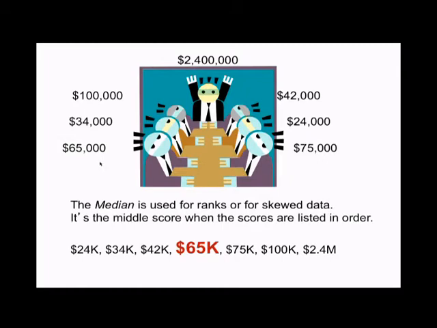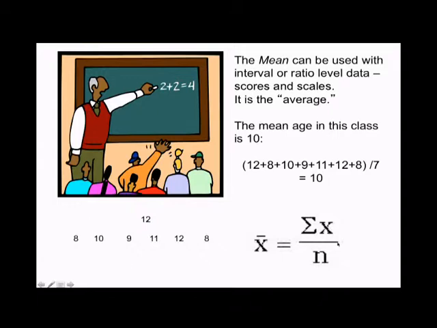The way you take the median is you line up all the salaries in order, and then you take the one in the middle. So the median salary in this room is $65,000. Now the mean is what people most commonly think of as average. You add up all the scores, and you divide by the number of scores.